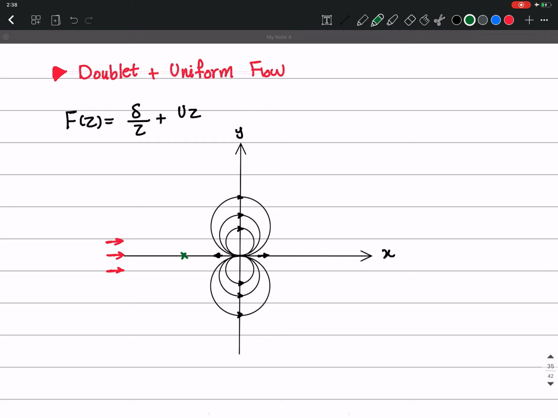So if you see at some point here, because we have two opposite flows, the velocity is going to become 0. And so you are going to have some streamlines that will go like this.